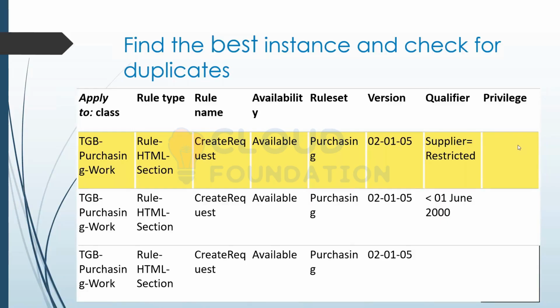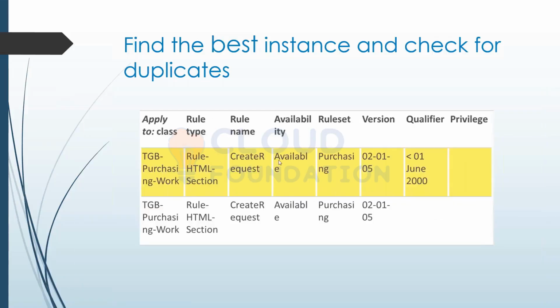This is completely a context-based check that the system does. If the supplier is not restricted, then it is discarded and the system checks for the next available option.